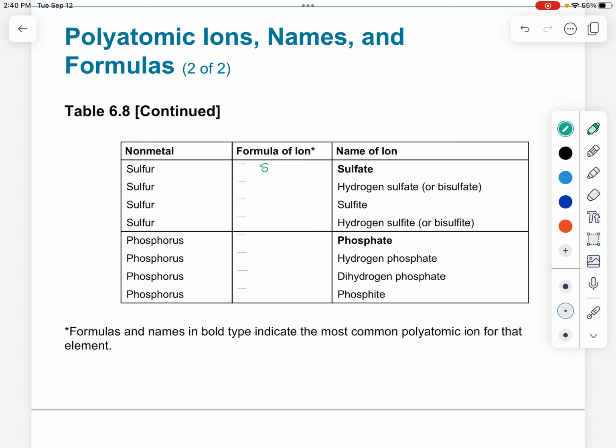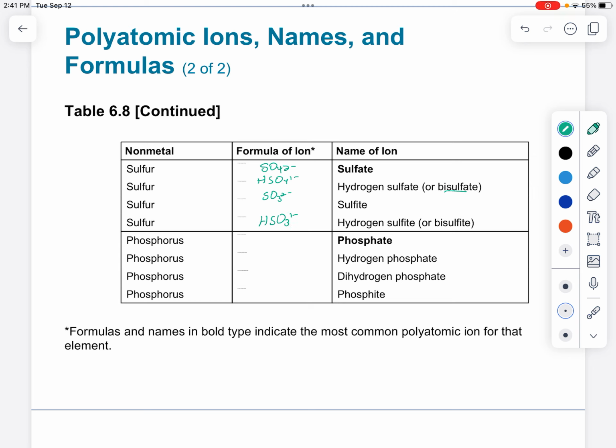Sulfate, SO4 2-, hydrogen sulfate, HSO4 1-, also called bisulfate. Sulfite, which is SO3 2-, and hydrogen sulfite, HSO3 1-.